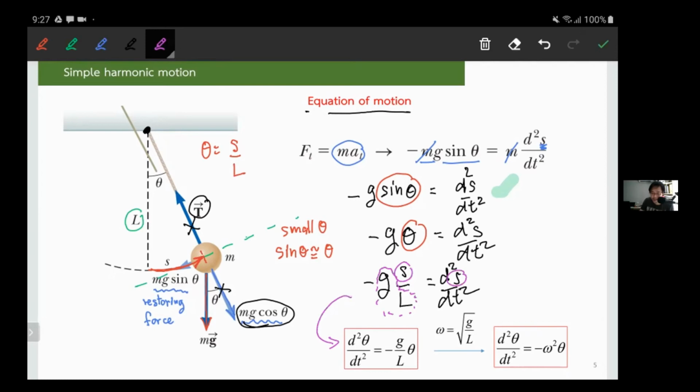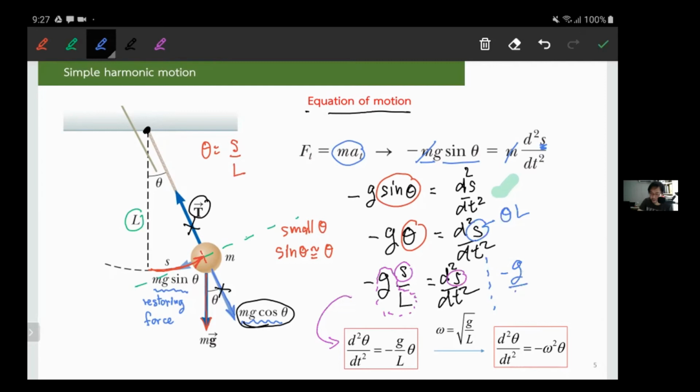You can just write it as s over here, but down here it is theta. It's up to you, because I can parallel with this. I can approximate this as theta L if you like. Doesn't matter. I can do equally well by keeping the theta and letting go of the s. Up to you.